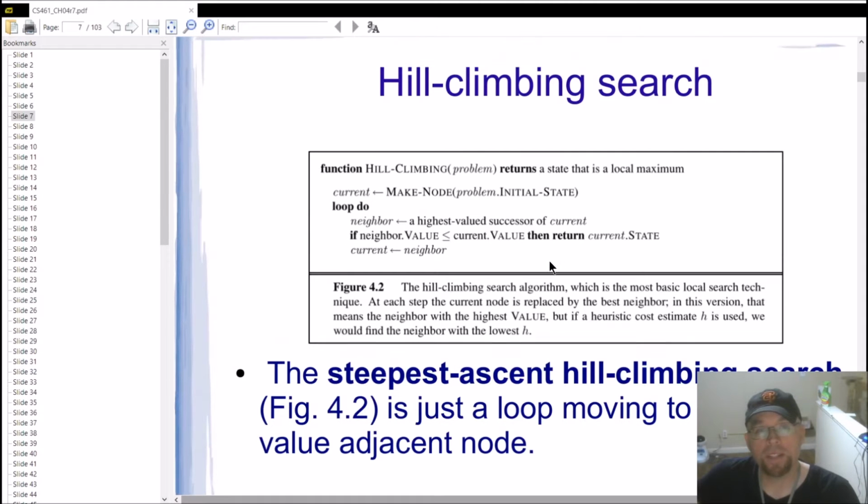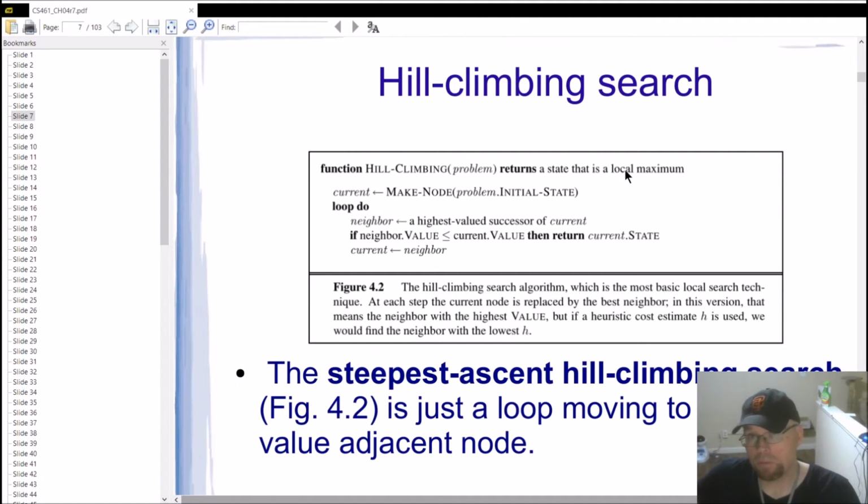We're trying to go up. This is hill climbing, not hill descending, hill climbing. So it's going to try to find the first state that doesn't have any children with a value higher than itself. Okay? So find a state that has inferior children all around, and then it'll return that state. And so that will be a local maximum.